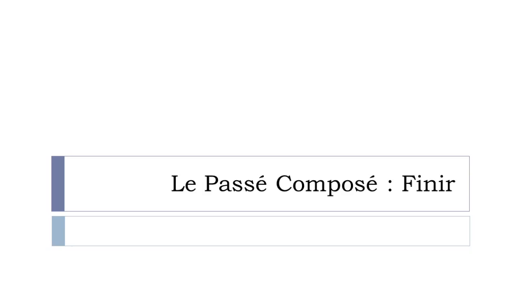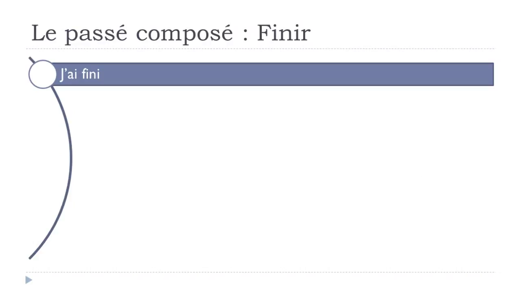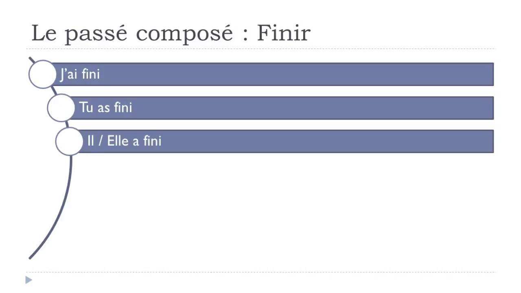Okay, so we'll just see one more time the passé composé form of finir. Finir is to finish or to end. Okay, and let's see how it goes. J'ai fini. Tu as fini. Il a fini.